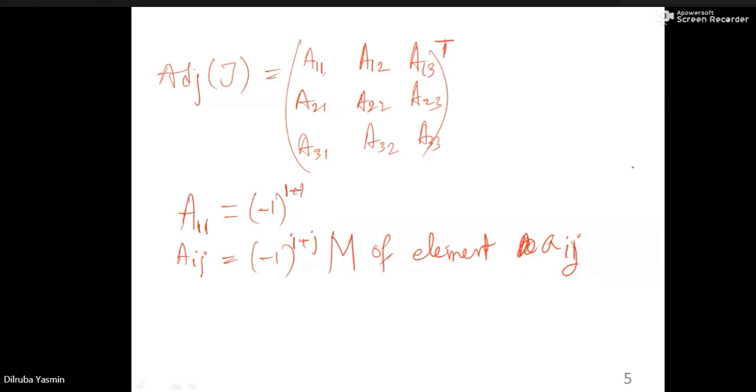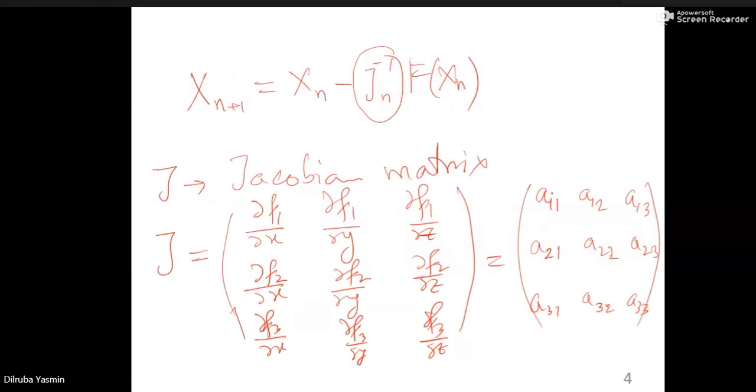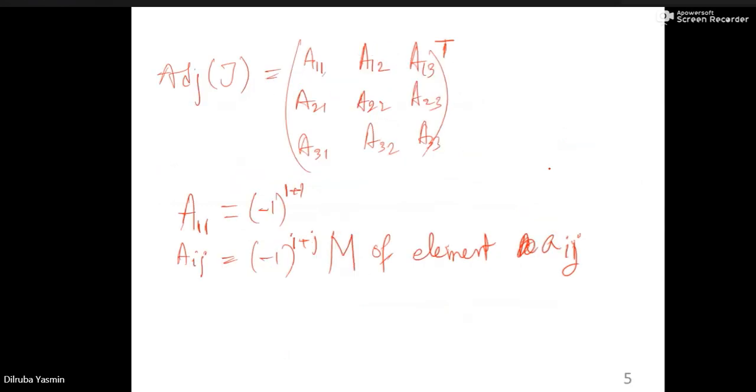This is small a suffix ij, isn't it? i defines the row number, j defines the column number. So if you would like to get capital A suffix 11, what do you get from here? This element exactly exists here. So you have to find capital A11. How do you get it?